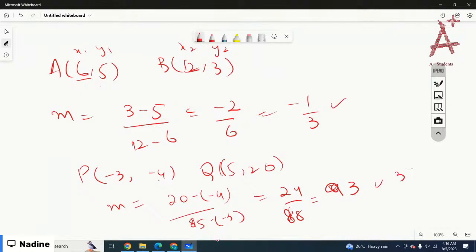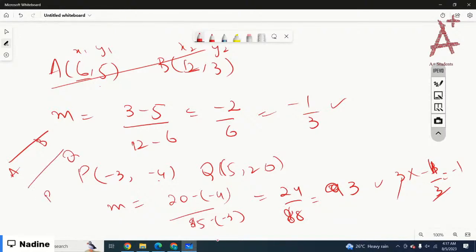If you multiply these slopes, the product equals negative 1. That means these two lines, AB and PQ, are perpendicular. You are given the endpoints of AB, A and B, and you are given the endpoints of P and Q. So basically, the lines AB and PQ are perpendicular, right?